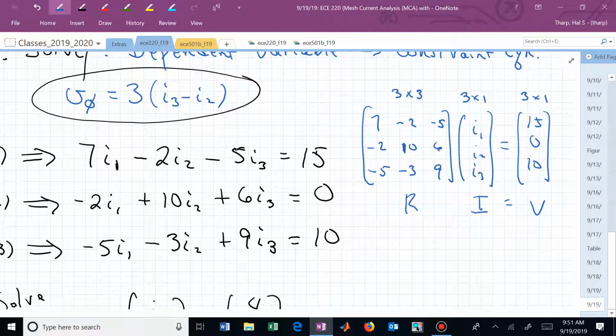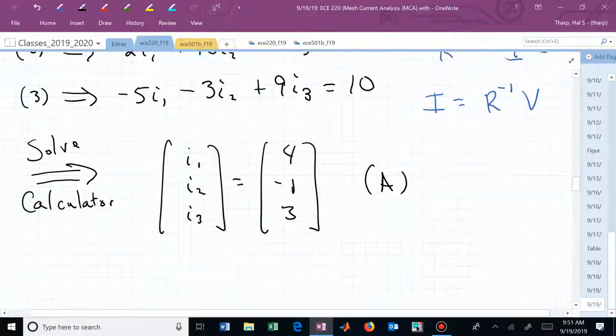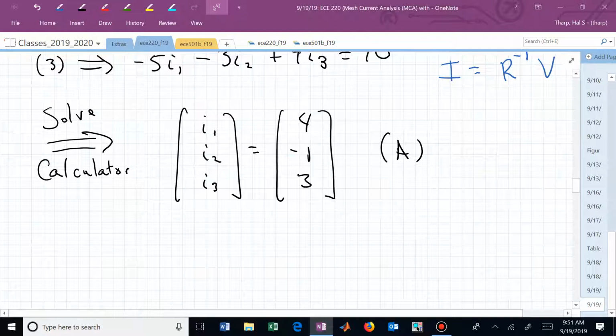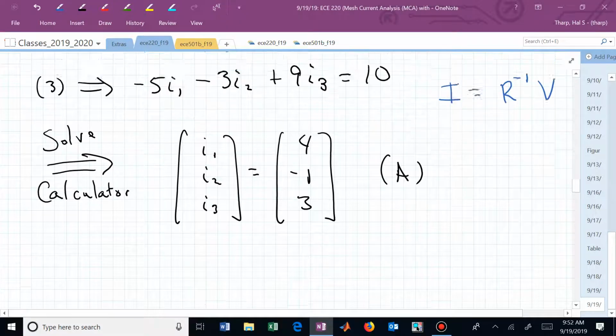It depends on your calculator, but probably you're going to plug in the R matrix and then invert it and multiply by V to obtain I. Depending on how you want to solve this, you could plug in a matrix R, raise that to the minus 1 power, that's inverting it, and multiply it on the right by the right-hand side, which is V. That will yield this answer, 4, minus 1, 3.